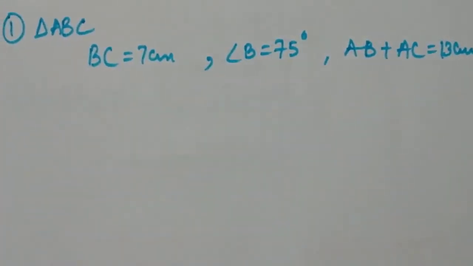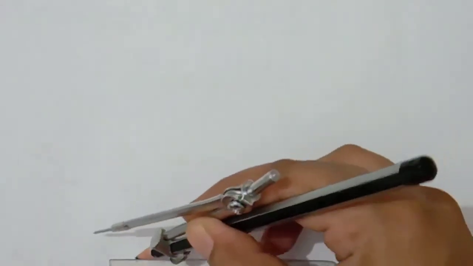So let me show you. First of all we have to draw BC as 7 centimeter. Now we have to make an angle of 75 degree at the vertex B. Yesterday I told you how we will draw the angles.